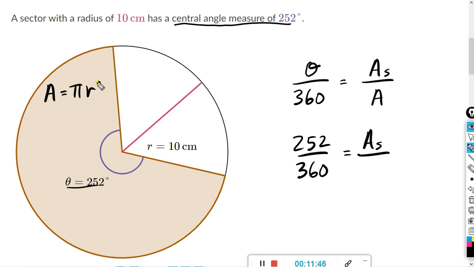That's pi r squared. We see that r is 10, so in place of r, we plug in 10, and that's squared. And 10 squared is 100, and that's still times pi. All right, leave it in terms of pi, like I keep saying for the area calculation. All right, so in place of A, we plug in 100 pi.